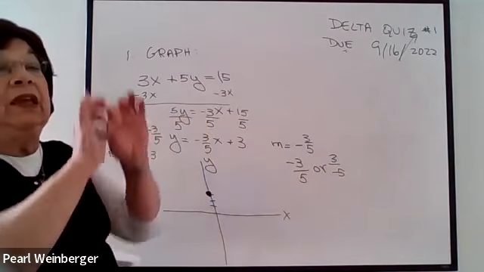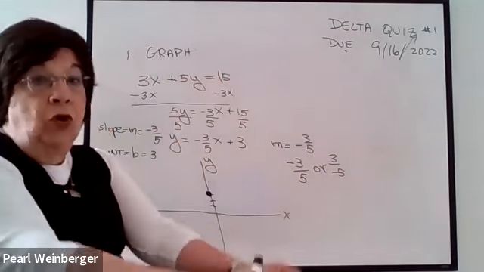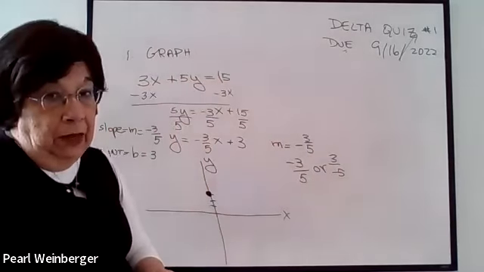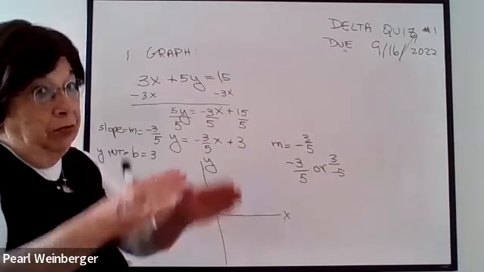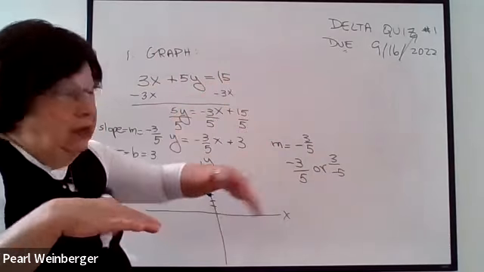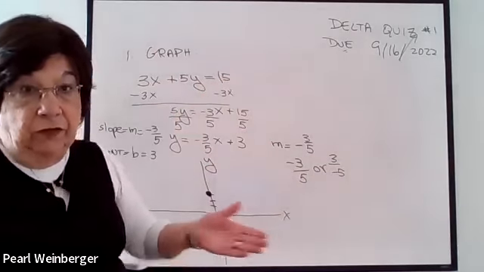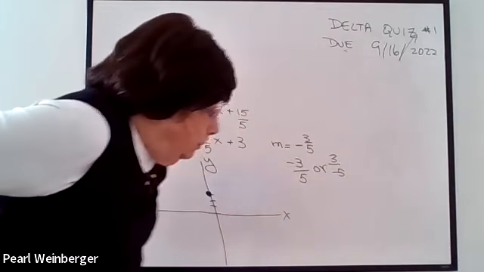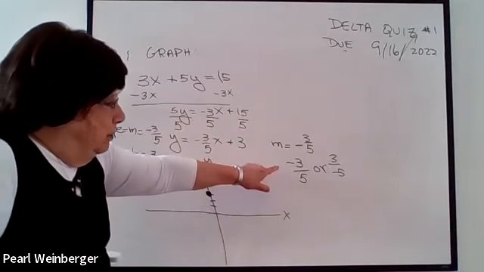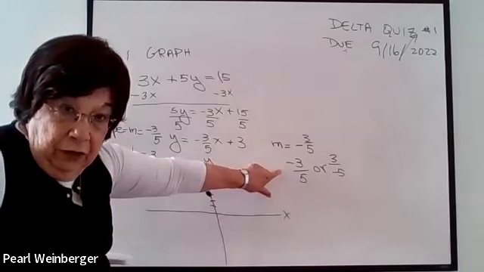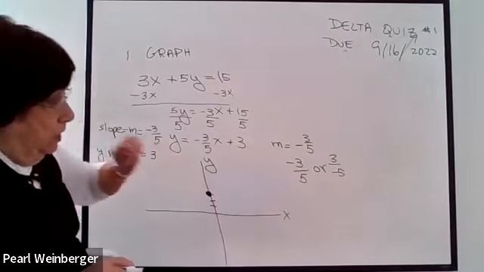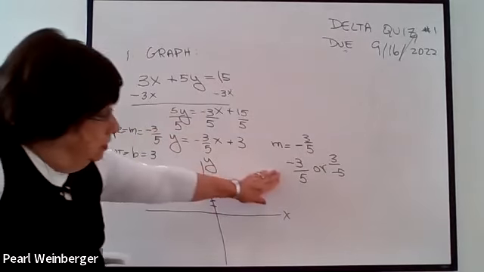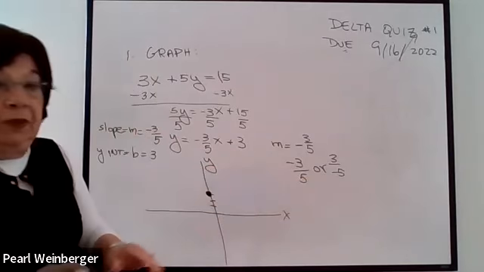The negative either goes in the top or it goes in the bottom. It doesn't go on both, because if it was a negative over a negative, the whole thing would have been positive. But you have your option of putting the negative. I usually keep the negative with the numerator. I find it's easiest to deal with the denominator being positive.